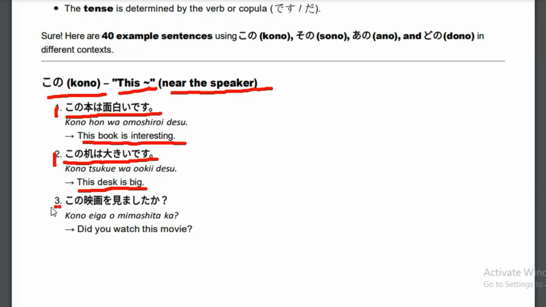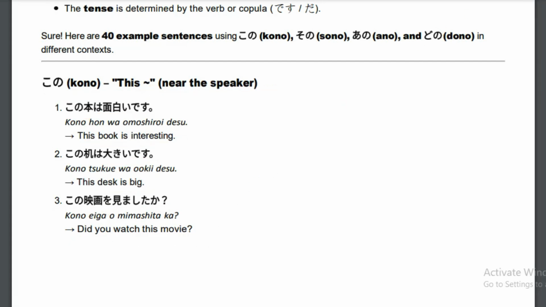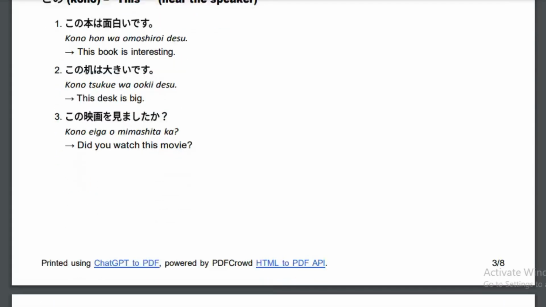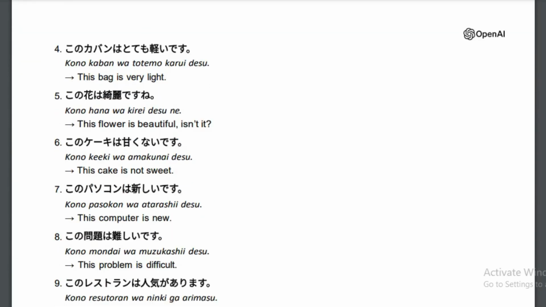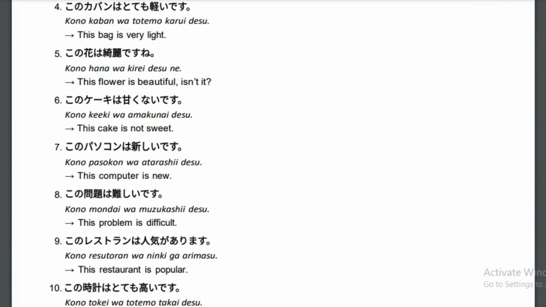The next is kono eiga o mimashita ka, means did you watch this movie? The next example is kono kaban wa totemo karui desu, means this bag is very light.